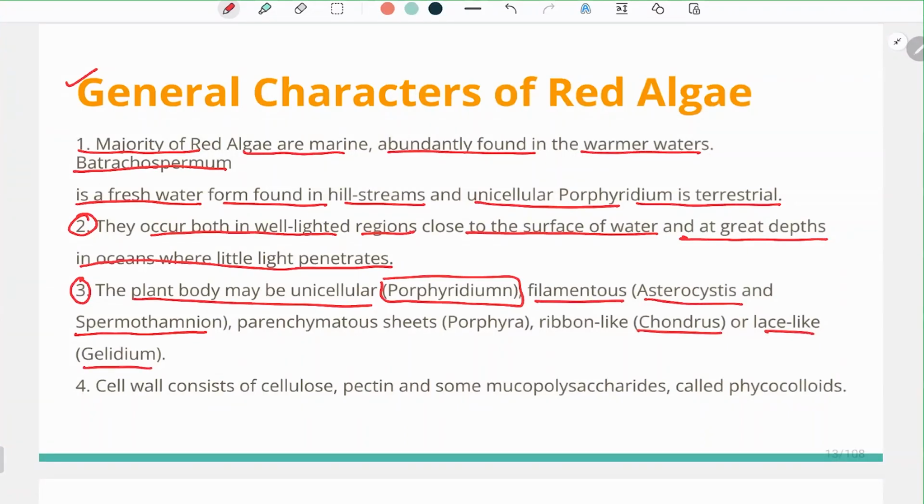So the body may be unicellular, like in Porphyridium, or filamentous, a filament-like structure, like in Asterocytis and Spermothamnion, or parenchymatous sheet-like, like in Porphyra.